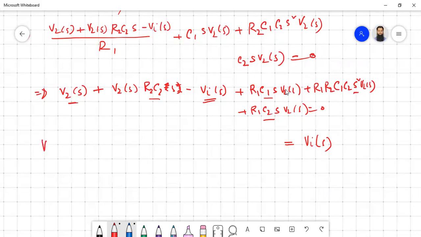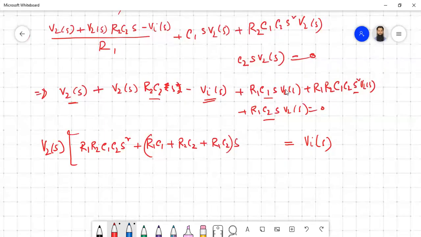So if you take common of the V2S, what you are going to get is R1 R2 C1 C2 S square plus R1 C1 plus R2 C2 plus R1 C2, S plus your 1.